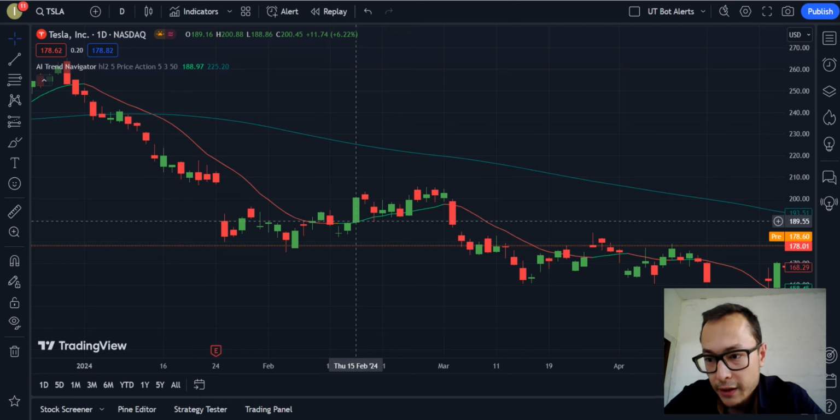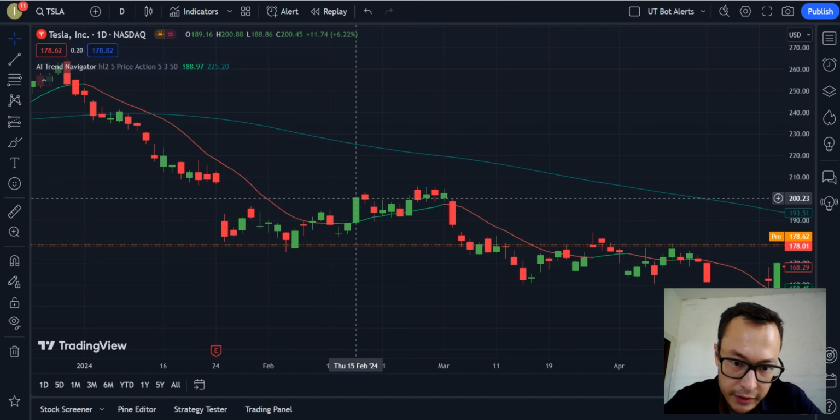As you can see on the very right here, it shows the price of the stock, and the very top of the green candlestick bar represents the price of the stock during the closing of the stock exchange. So at 4 p.m., which is when the Nasdaq stock exchange closes, this was the price of the Tesla stock at that time on February 15, 2024, at 3:59 p.m. more specifically. It was $200.23.